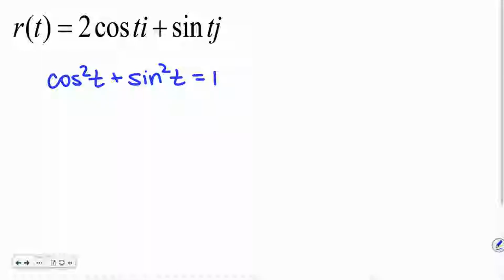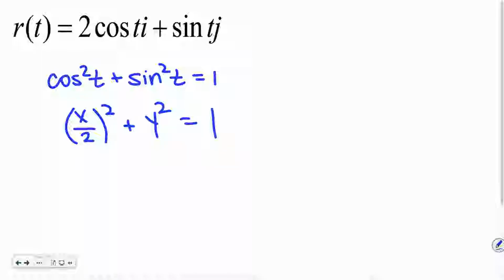And yes, we can plug in values to get all of these points, but that's going to be very tedious. If we know this right here, then we can do that. How do I do that?